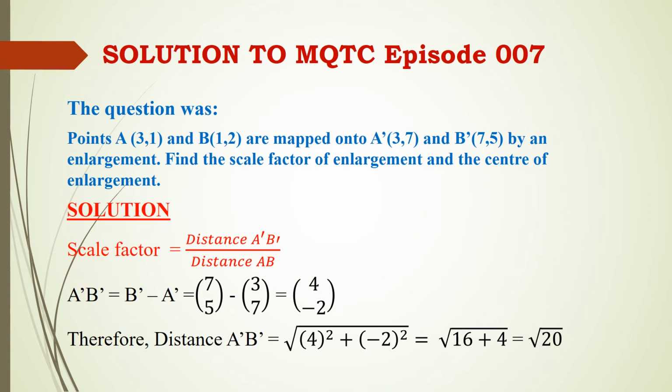From the vector's point of view, it is found by taking the x coordinate squared plus the y coordinate squared, then finding the square root. That's why we take 4 squared plus (-2) squared, which gives 16 plus 4. Then you find the square root, which gives you finally the square root of 20. Let's go to the next page, whereby we shall find the distance between A and B.